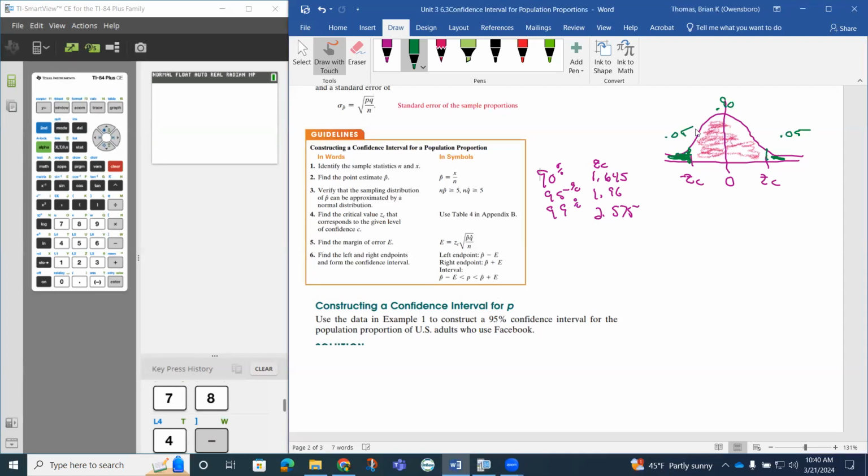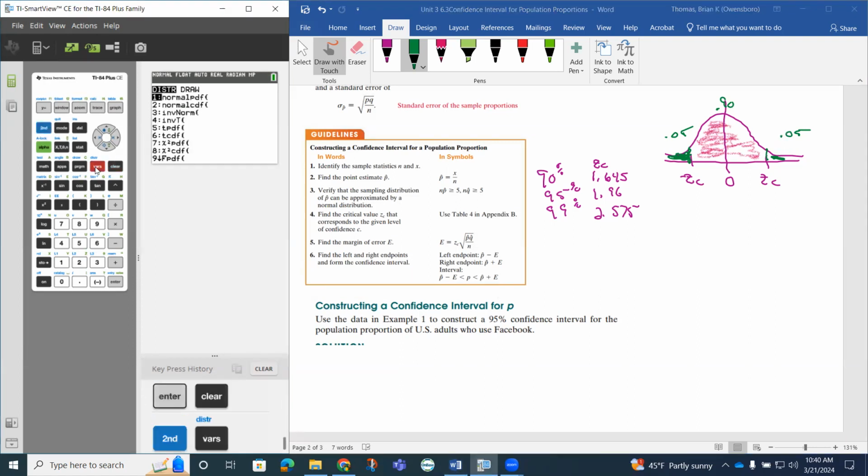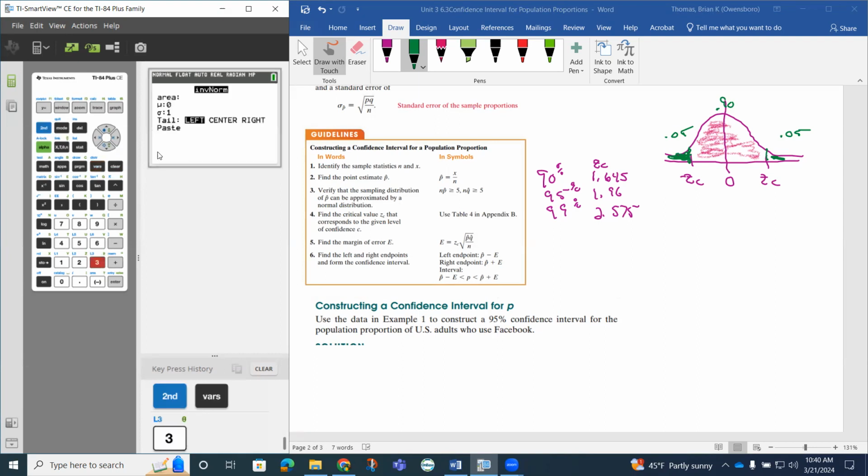So if I was using our calculator, I could find that critical value Z by going to the distribution, and remember, number 3, inverse normal. Notice how our area is always from the left, so we can use that 0.05. And since we're doing Z values, the mean and the standard deviation are 0 and 1.